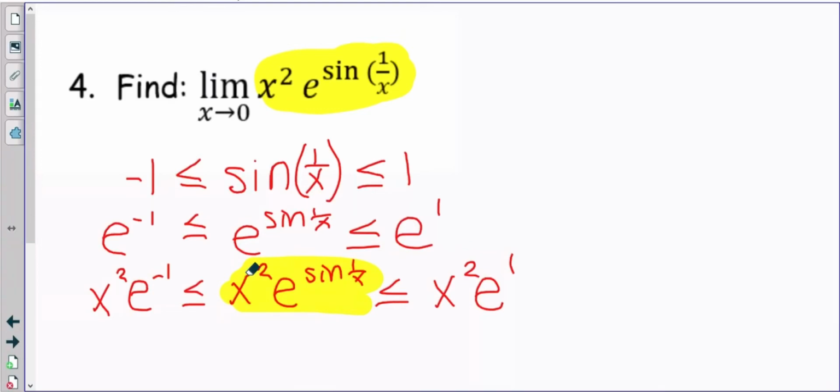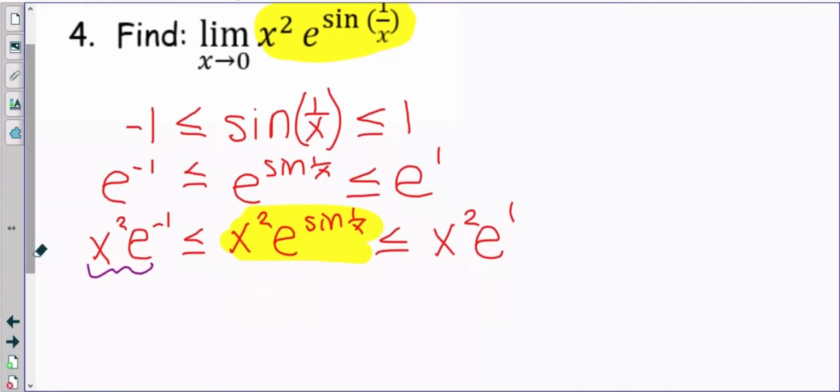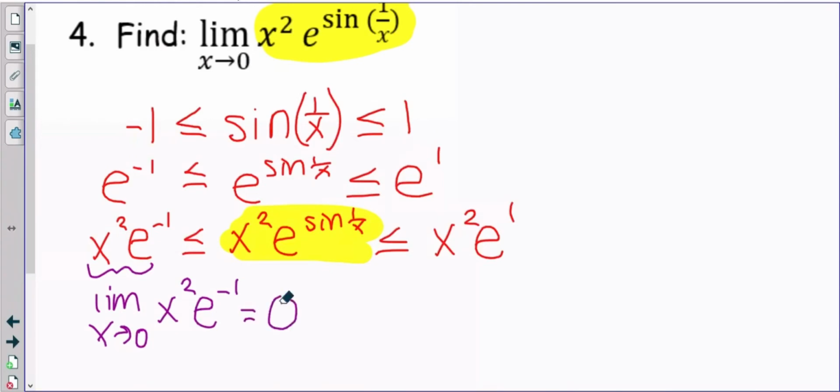So in order to use the squeeze theorem, we're going to find the limit of the function on the left. So this function right here. We're going to find the limit as x approaches 0 of x squared e to the -1. And if I were to plug 0 in for x right here, I would get 0 times e to the -1, which is just 0. And then I'd find the limit on the right side. So I'd find the limit as x approaches 0 of x squared times e.